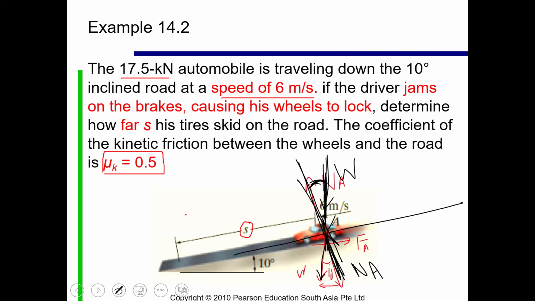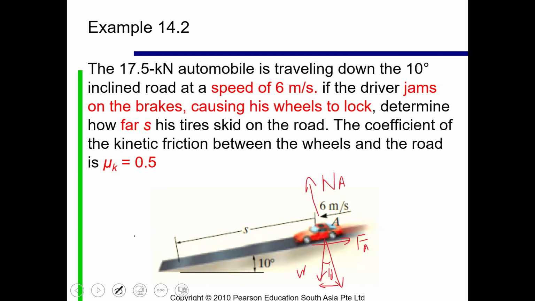The vertical is like this, but based on the inclination, what is this angle? It's provided, 10 degrees, right? So weight is acting downward like this. Normal reaction is acting upward like this. The car is moving this way, right? So the friction force will be present here like this.